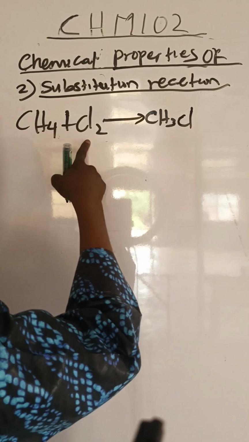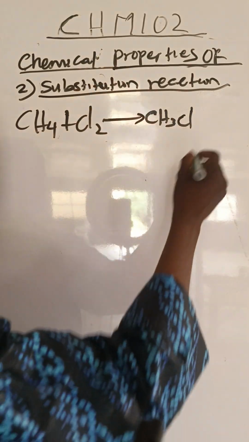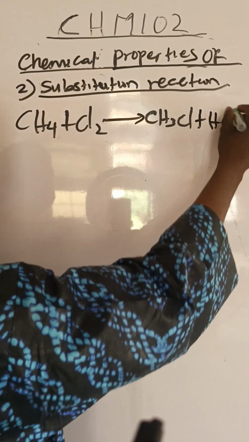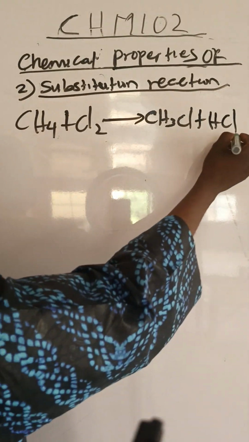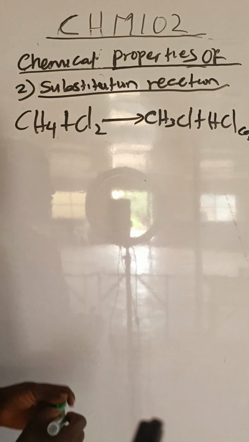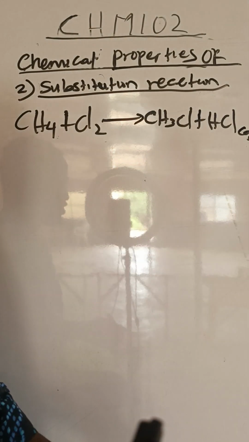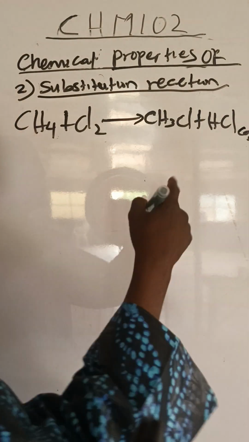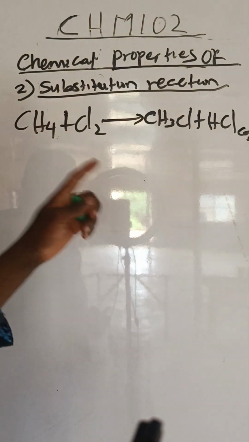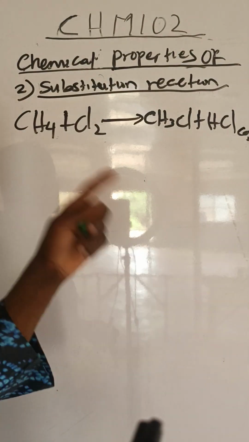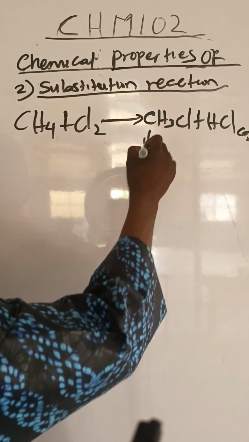We have two chlorines here, but we use one of them to form HCl. HCl in gas, not HCl in aqueous. HCl in aqueous means hydrochloric acid. HCl in gas means hydrogen chloride gas.